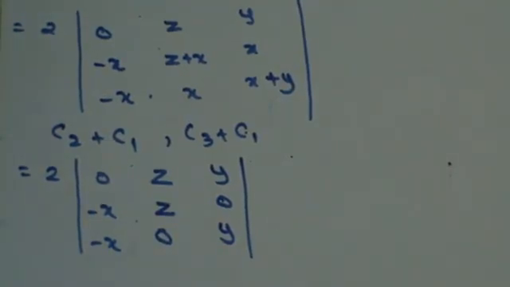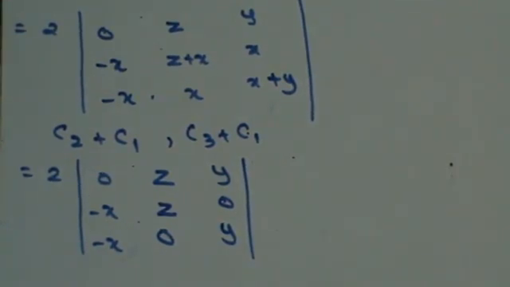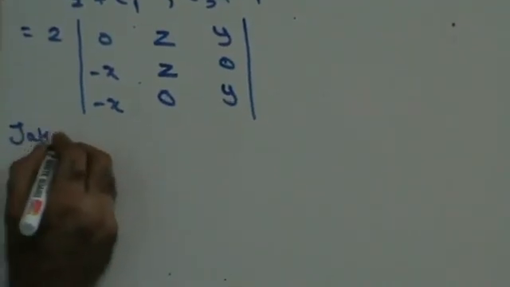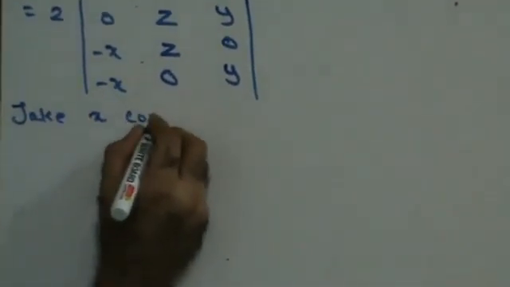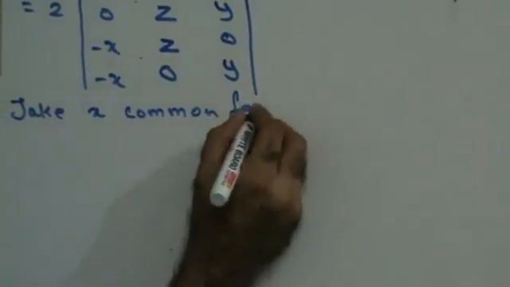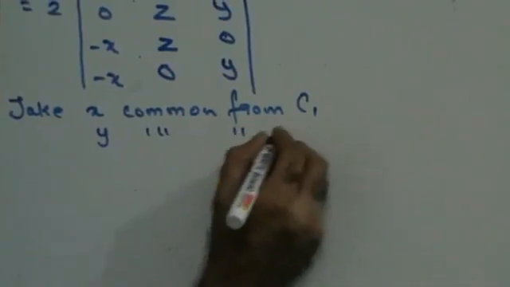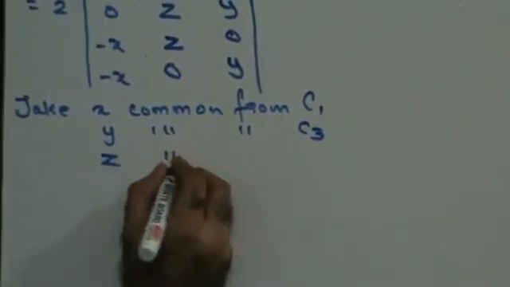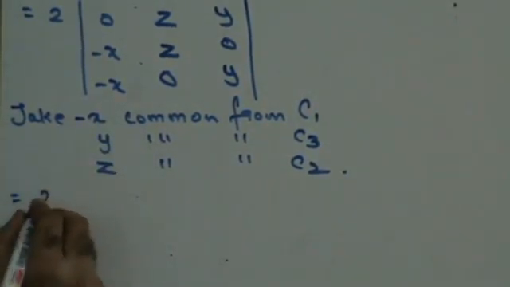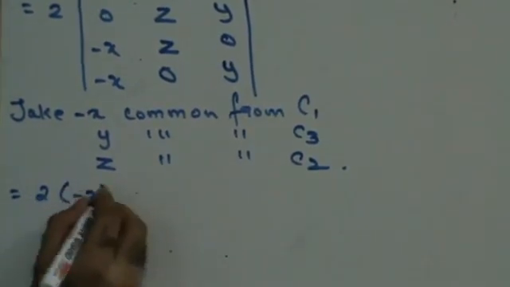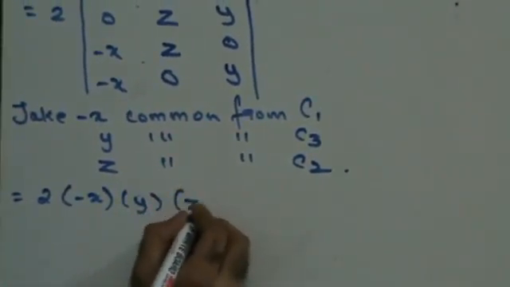Right? Now I could take x common from C1, z common from C2 and y common from C3. So in which case, instead of x I'm going to take minus x common, 2 minus x, y and z.